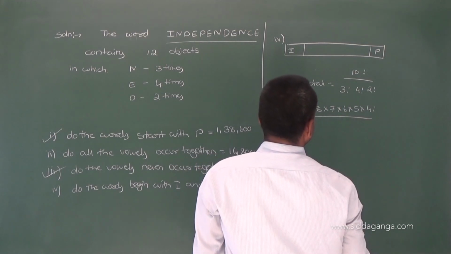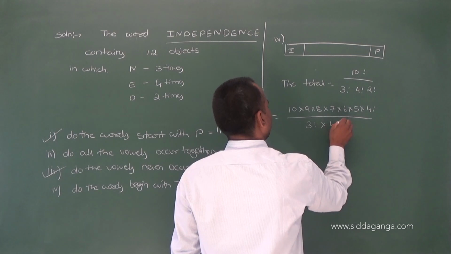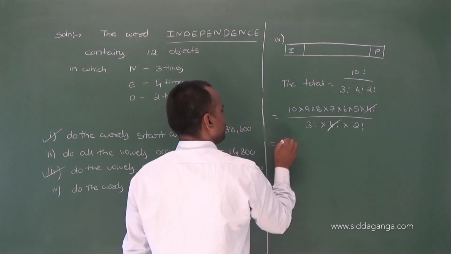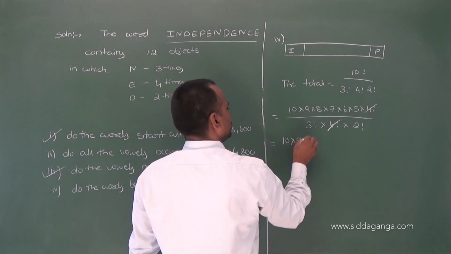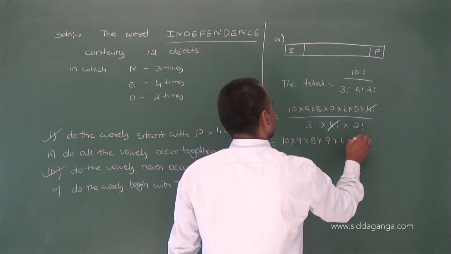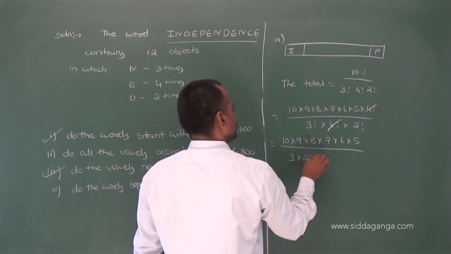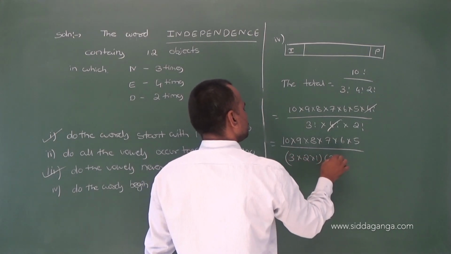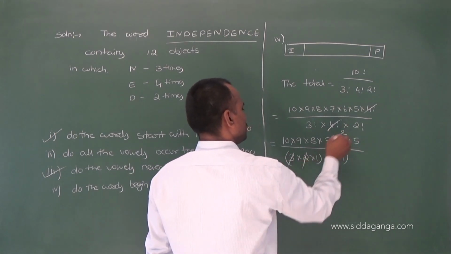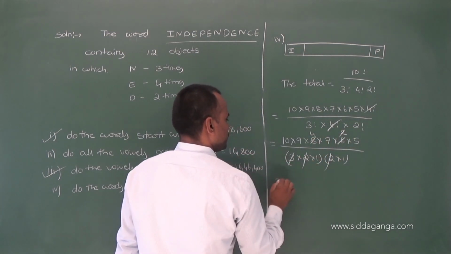Correct? 4 factorial gets cancelled. 10, 9, 8, 7, 6, 5 divided by 3, 2, 1, 2, 1. 3 ones are 3, 3 twos are 6, 2 get cancelled, 2 ones are 2, 2 fours are 8.